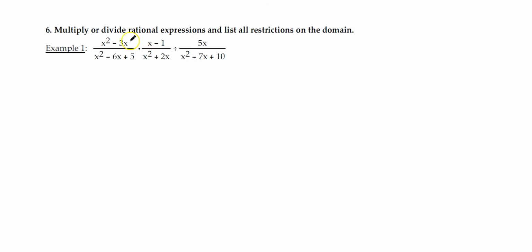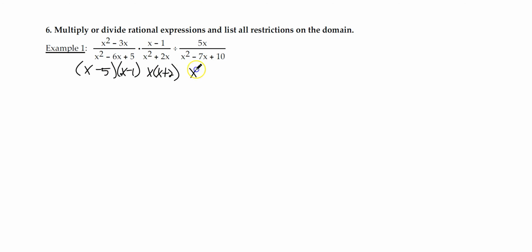In these problems, we will do a lot of reducing factors of 1, and if that factor reduces, it doesn't decrease the restrictions. So we want to get all the restrictions before we cancel out and lose all the evidence of the restriction. So let's see, this is x minus 5, x minus 1. This one is x and x plus 2.